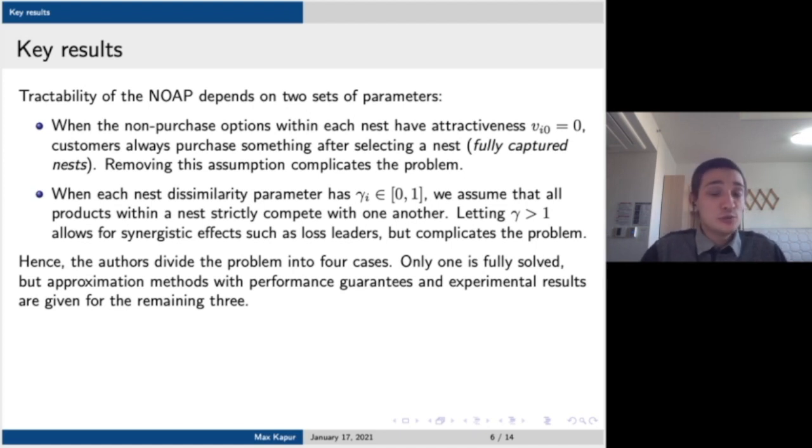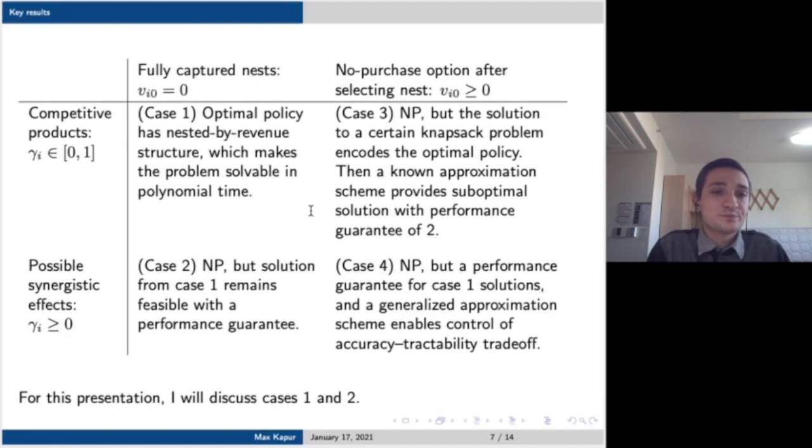So if we introduce a new product, it's going to make the other products marginally less likely to be picked. Letting gamma exceed 1 allows for synergistic effects such as loss leaders, and this will complicate the problem. Hence, the authors divide this problem into 4 cases, and only one of these cases is fully solved.